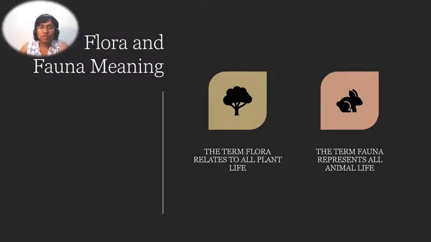Another source says Fauna means forest spirits. So basically, the animal kingdom is represented by the term fauna. And because the animal kingdom comprises a variety of animal life forms, the classification of fauna is much more complex than the floral division.